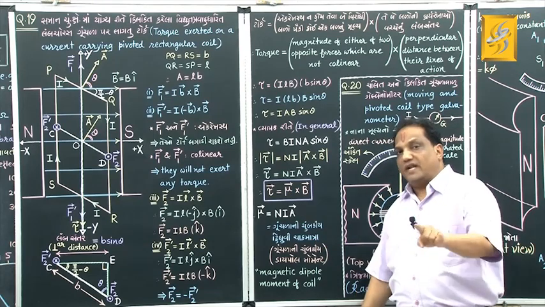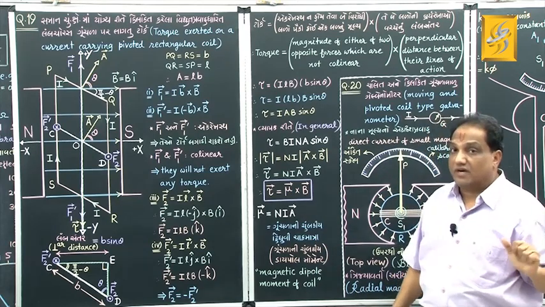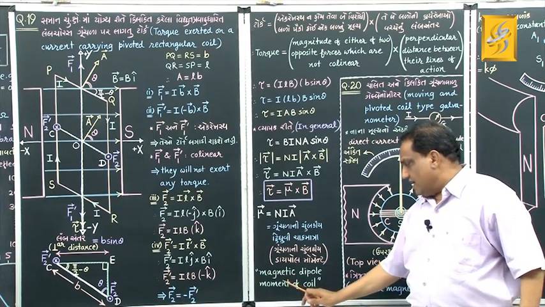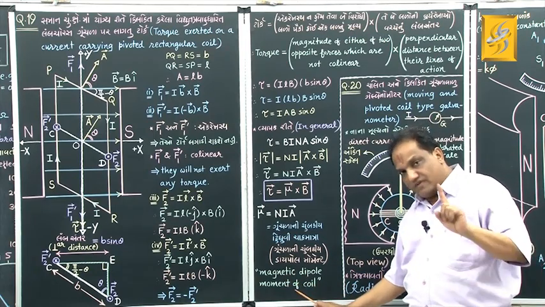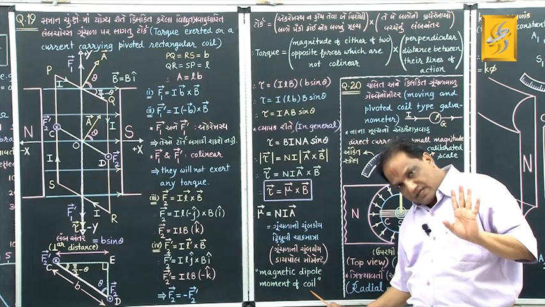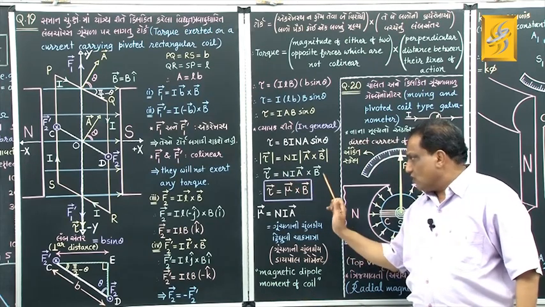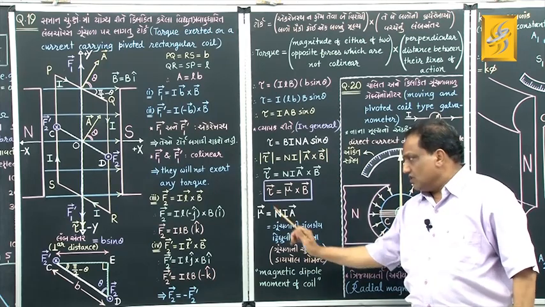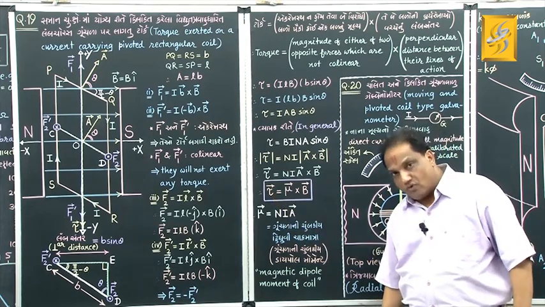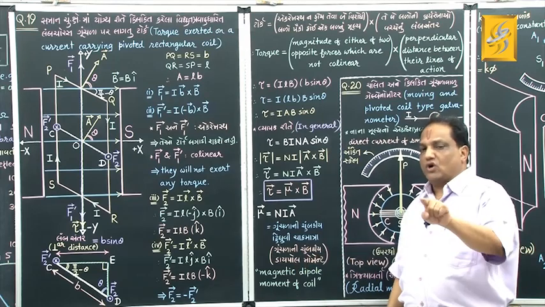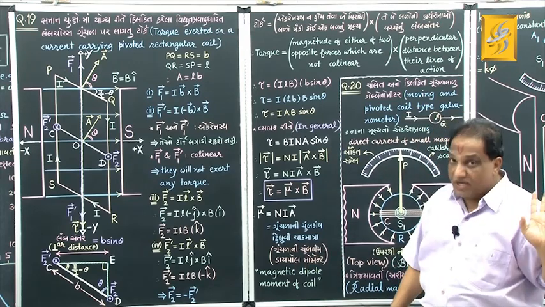It is called the magnetic dipole moment of the given current carrying coil. Correct? So this is called magnetic dipole moment, shown by symbol vector mu cross vector B. So this is the final formula of vector tau which we are looking for. Vector tau equals vector mu cross vector B.